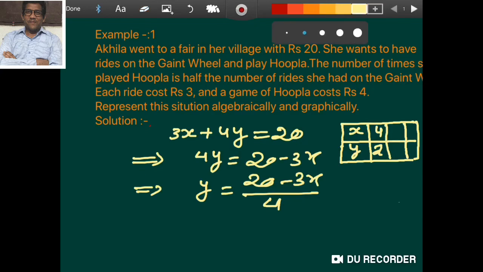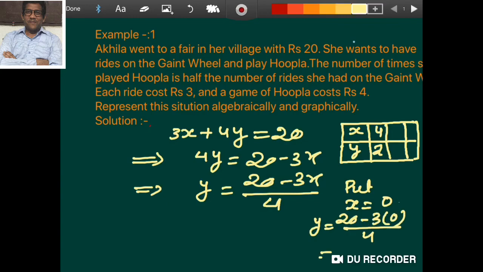Now put x is equal to 0. What will we get here? y is equal to 20 minus 3 into 0 upon 4, that is 20 minus 0 upon 4 equal to 5. x is equal to 0, y is equal to 5.